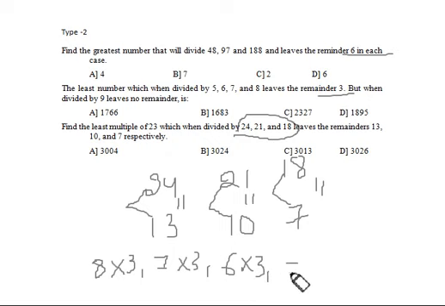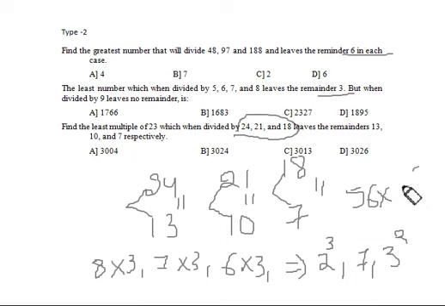Or if I write this in powers, the highest power of 2 is 3 here, highest power of 7 is 7, highest power of 3 is square in this. Okay, so 2 cube into 7 is 56, 56 into 9, what is it? We have 504 as the LCM of these three numbers.